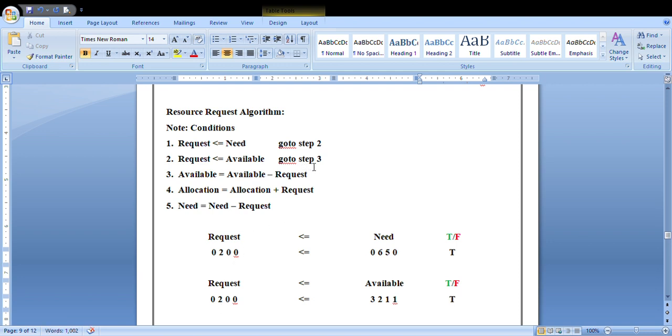Once the step 2 condition becomes true, go to step 3.